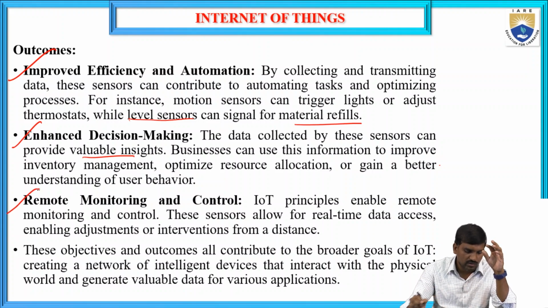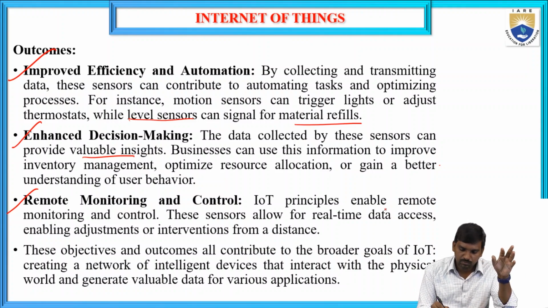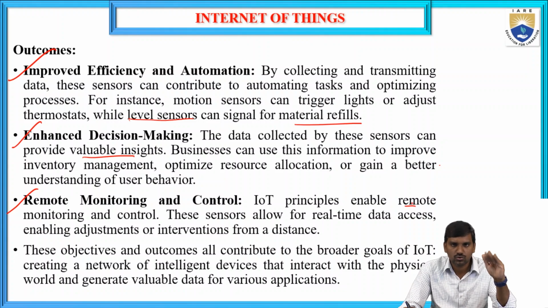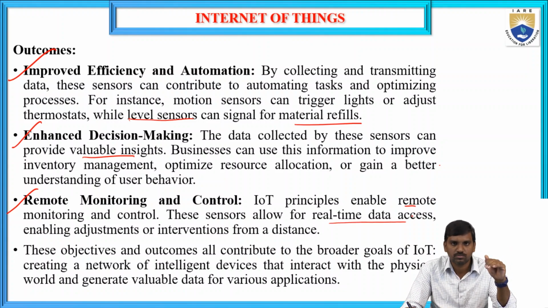The third one is remote monitoring and control. You can manage the entire system and control the system also. IoT principles enable remote monitoring and control. These sensors allow for real-time data access, enabling adjustments or interventions from a distance.